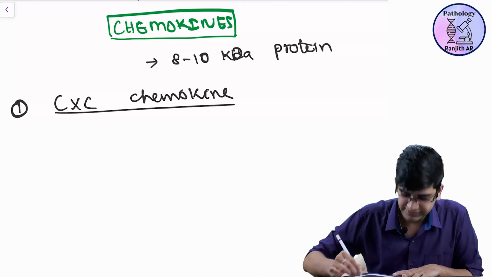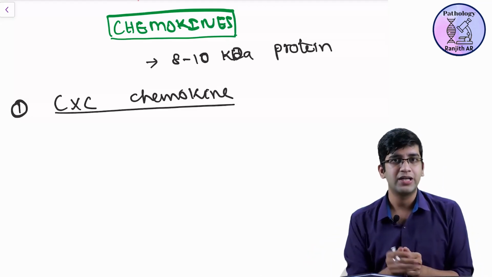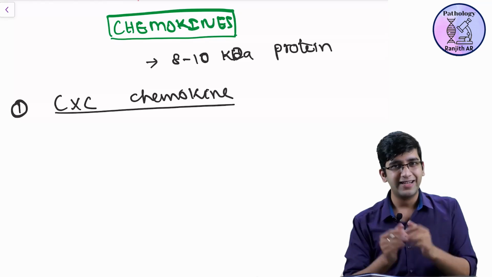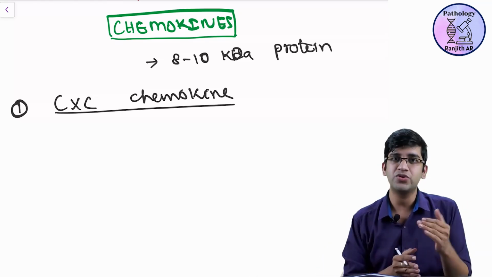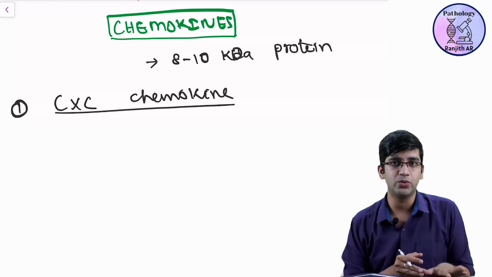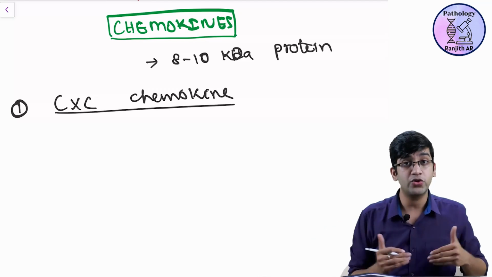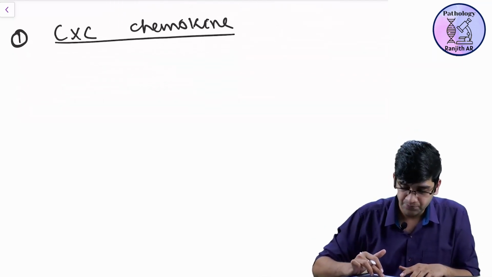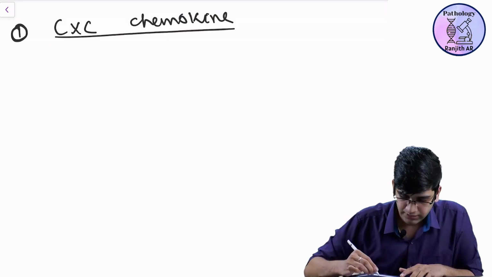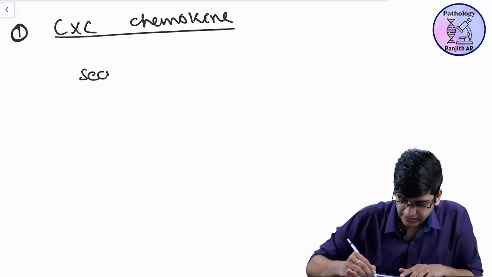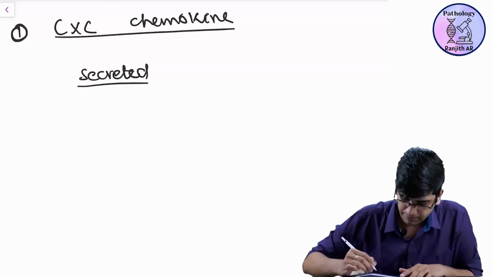The name is based on cysteine residues, and X is the amino acid. The number of amino acids between 2 cysteine residues is where I'm going to divide them. That's not much required for us. We'll see what are the chemokines and what is going to attract. That's more important for us. CXC chemokine. This CXC chemokine is secreted by macrophage.